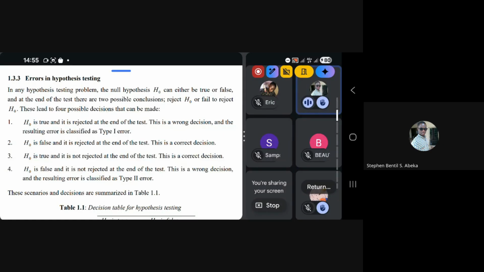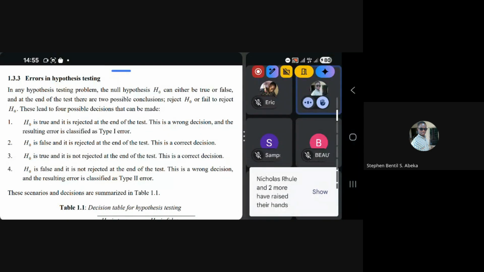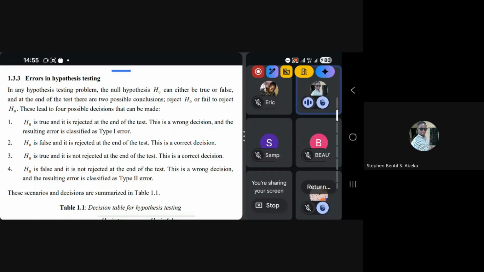You assume that all the class of 20, all of them are going to get 100, that's 100%. But after the test, you realize that no one even got 50 out of 100. So you only assumed that they were going to get 100, but after the test, they all failed based on the results. So you can say that yes, type 1, there's an error after the test was conducted.